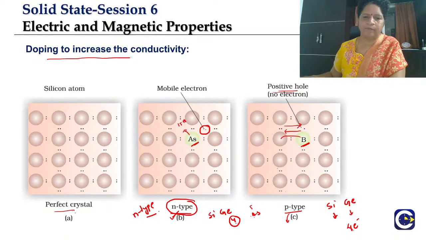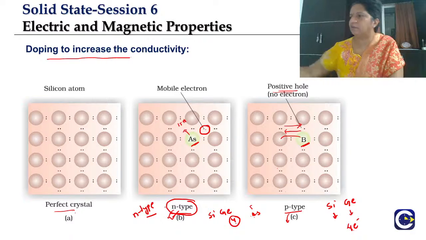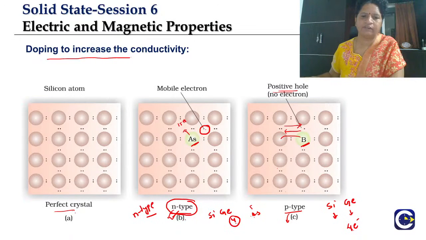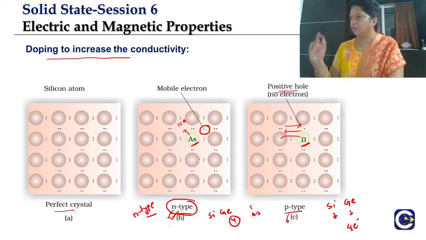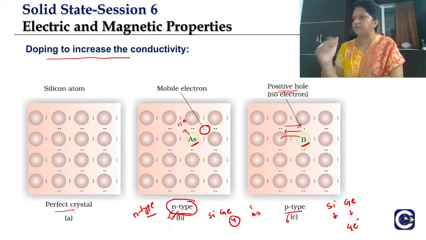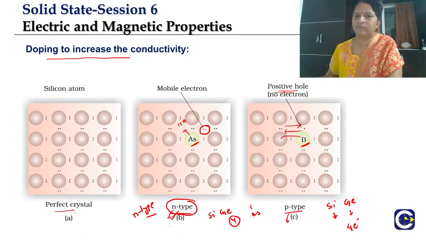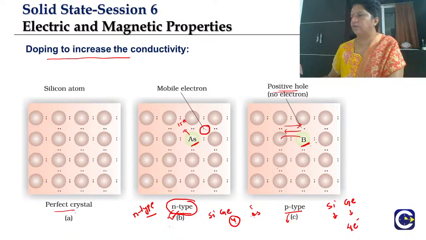So N-type, you remember negative charge, and the conductivity is because of electrons. In P-type, positive charge, you remember that way, positive holes. Holes are empty space. Why do we get empty space? Because the number of electrons of boron is less than that of silicon and germanium. There is a difference in valence electrons.